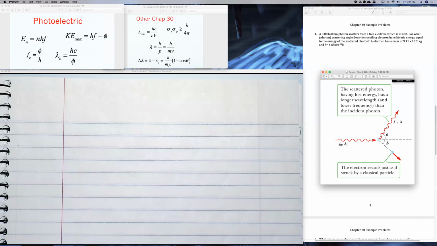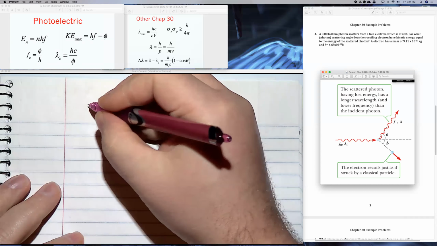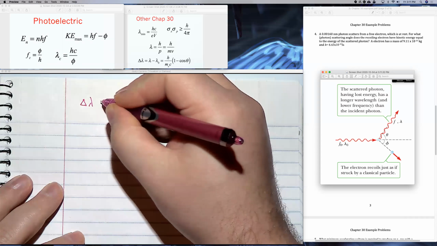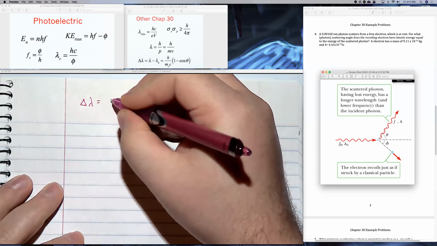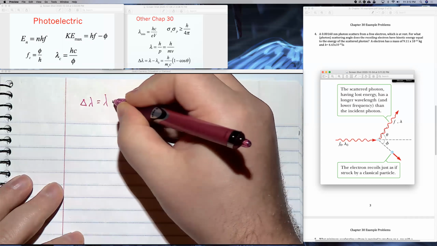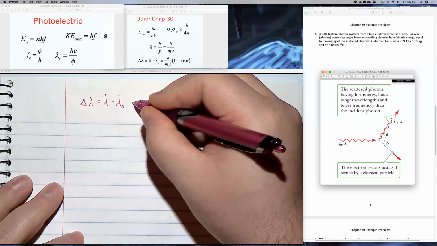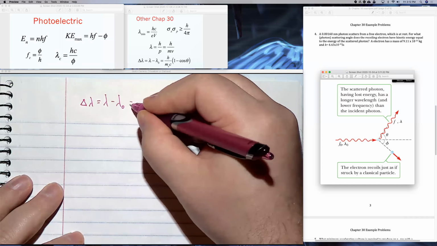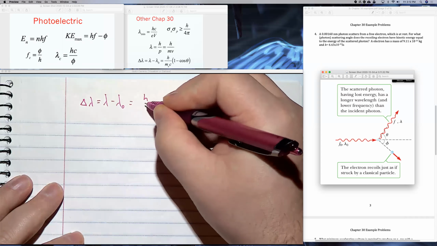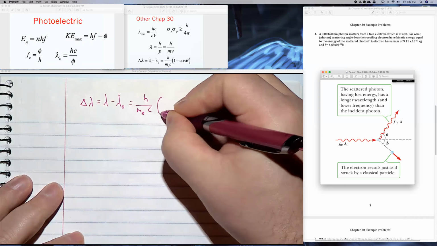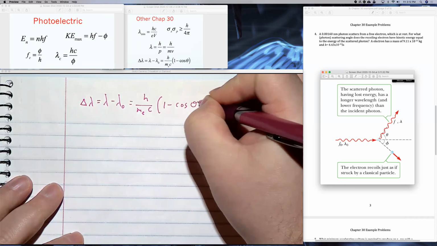This is called Compton scattering, and we use the equation that the change in wavelength of the scattered photon, the wavelength minus the initial wavelength, is equal to Planck's constant over the mass of an electron times c, times 1 minus the cosine of the angle.